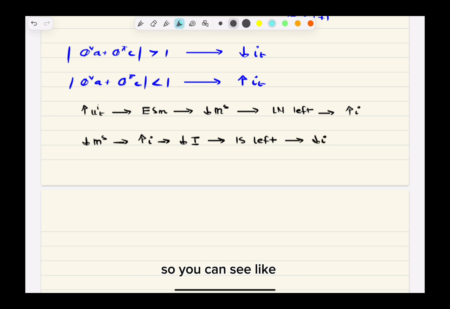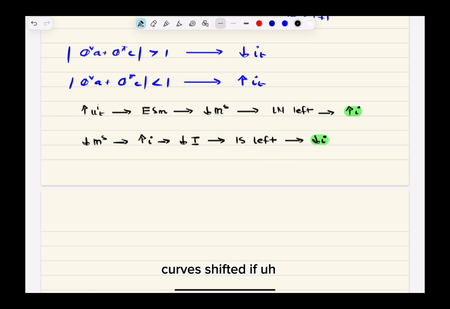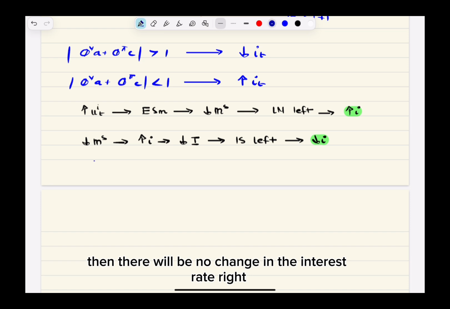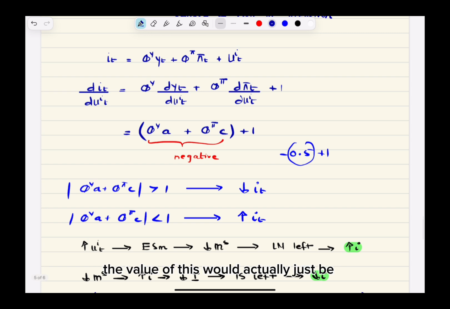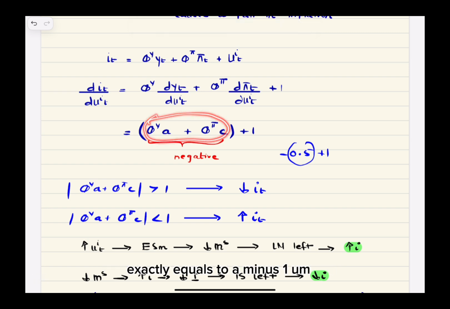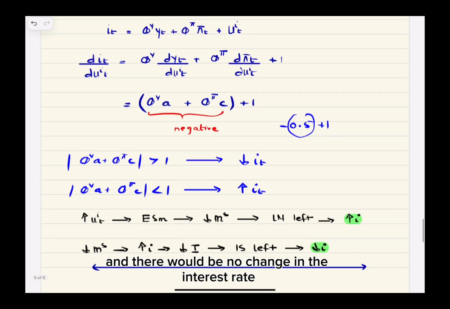So you can see the overall impact depends on how much each of these curves shifted. If they exactly outweigh each other, then there will be no change in the interest rate, right? Which would mean that the value of this would be exactly equal to -1, and there would be no change in the interest rate.